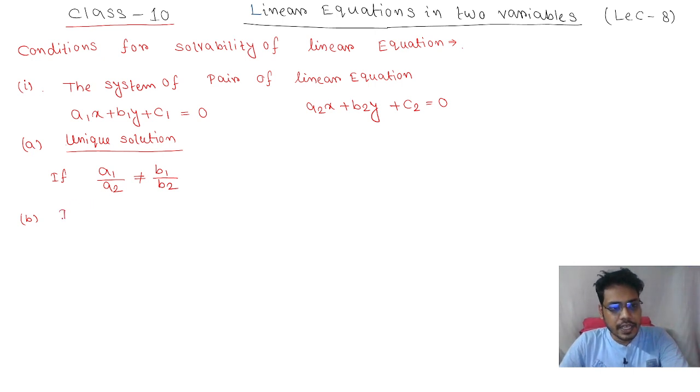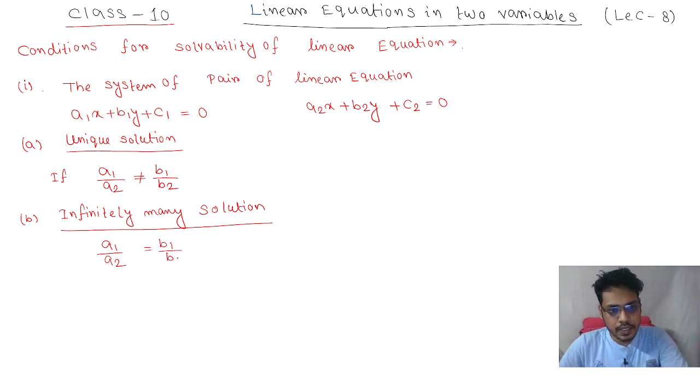Now if it has infinitely many solutions, what is the condition? That will be a1 by a2 is equal to b1 by b2 is equal to c1 by c2.